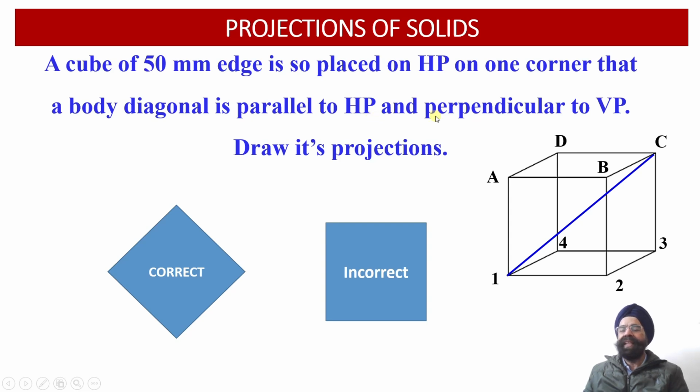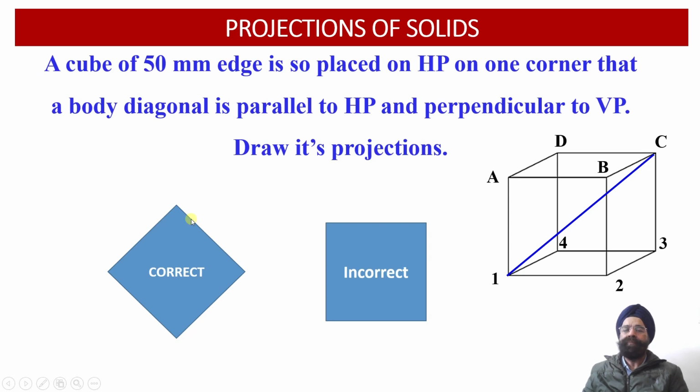And in the second instance, the body diagonal is further rotated in such a way that it becomes perpendicular to the vertical plane. So in the second iteration, we are going to rotate this body diagonal with respect to the vertical plane in such a way that it becomes perpendicular to the vertical plane.